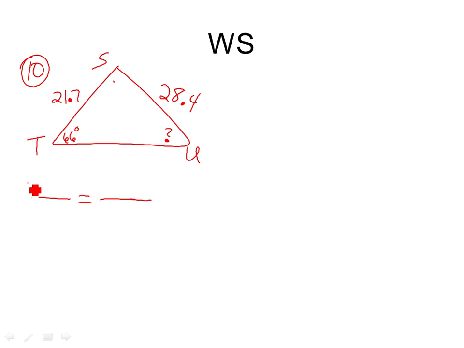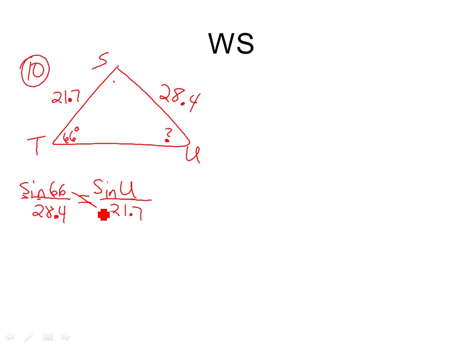So I set this up, sine, pick me an angle. 66. What's that go over? 28.4. 28.4. Sine, question mark, I'm gonna put in big U, right? Over 21.7. 21.7.